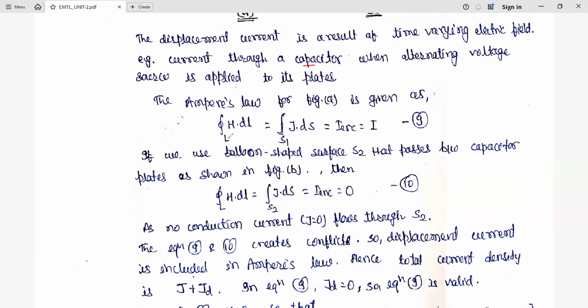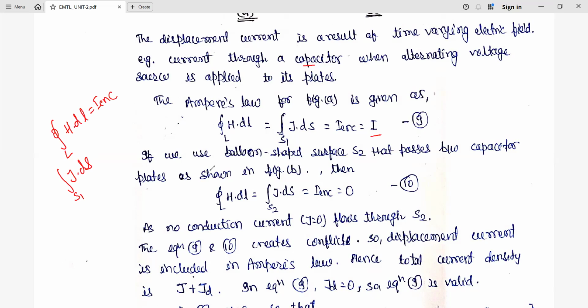From Ampere's law, we have the integral of the field intensity H dot dl over the closed path equal to the current enclosed. So finally here the current enclosed is I, and this current is given as the integral of J dot dS over the surface S1.